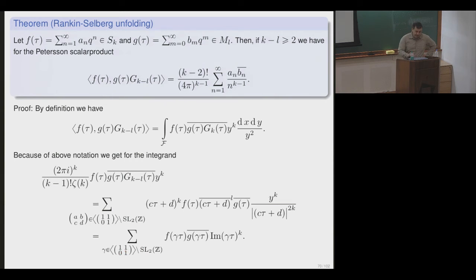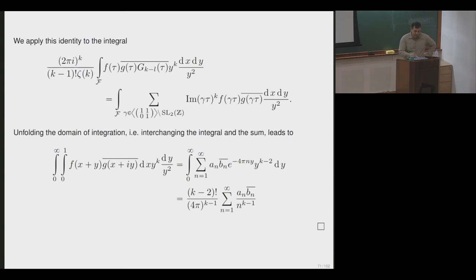And then on the next slide we just put this expression and interchange the sum and the integral. And so what does this mean? We have this fundamental domain, but now we have this and this and this and so on.